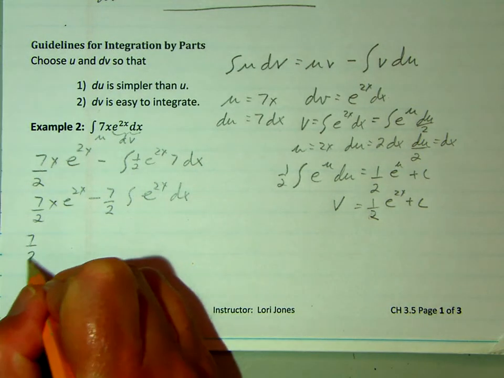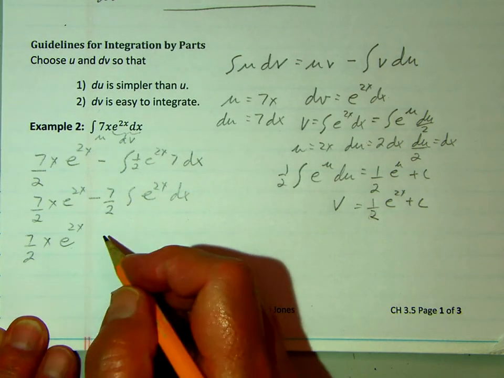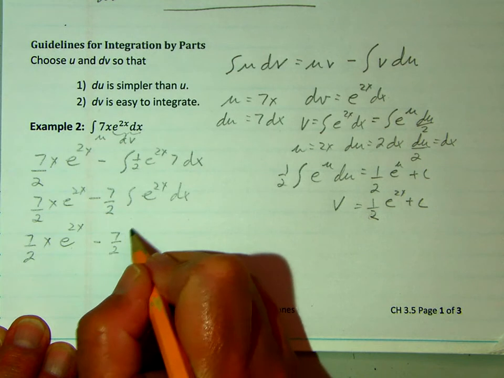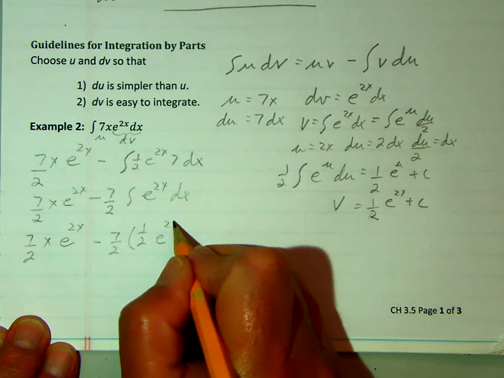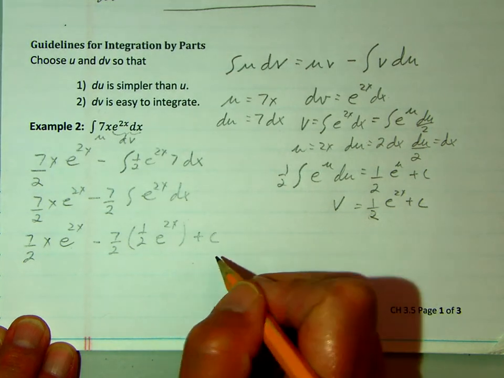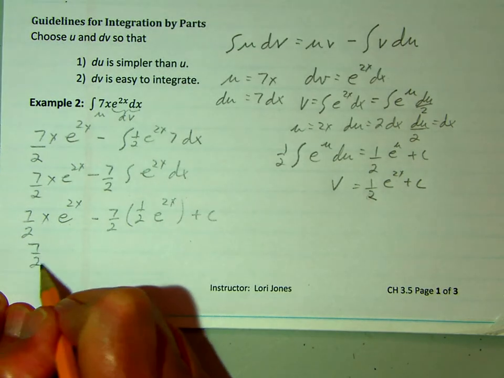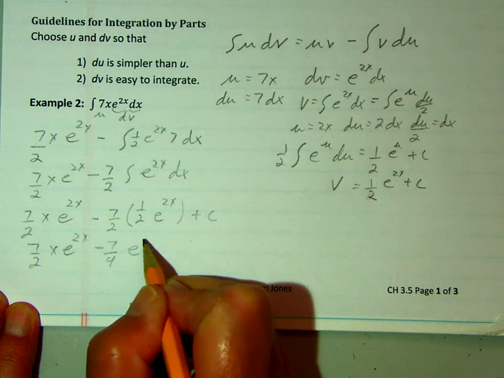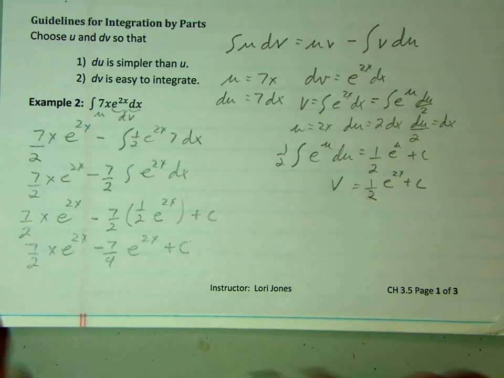So 7/2 x e to the 2x minus 7/2 times 1/2 e to the 2x plus c. So 7/2 x e to the 2x minus 7/4 e to the 2x plus c, and we are done.